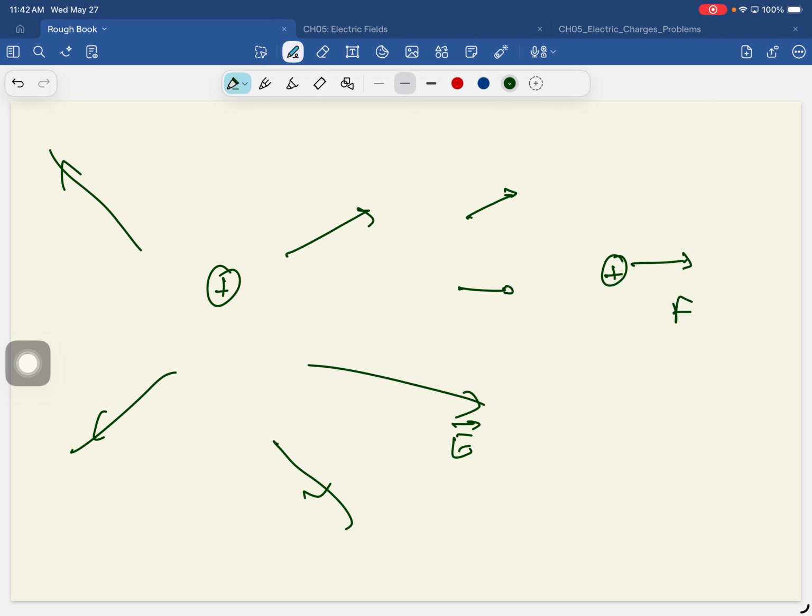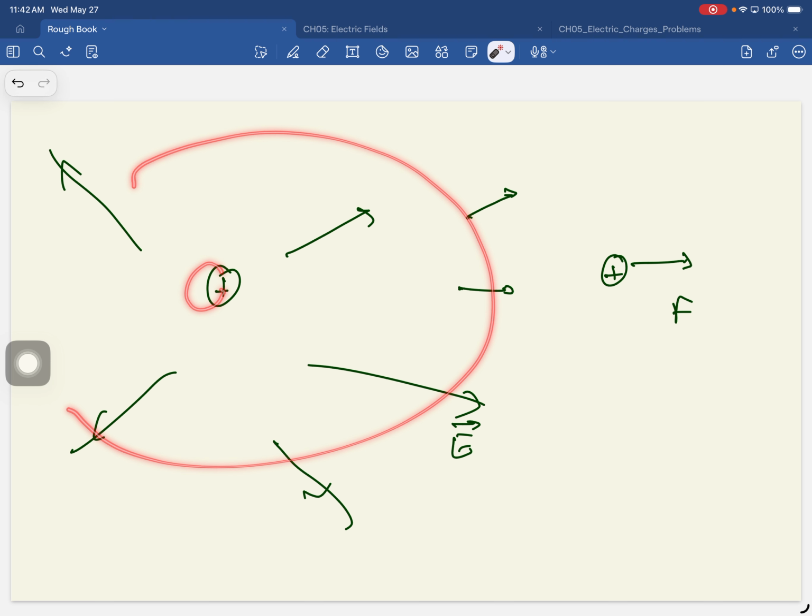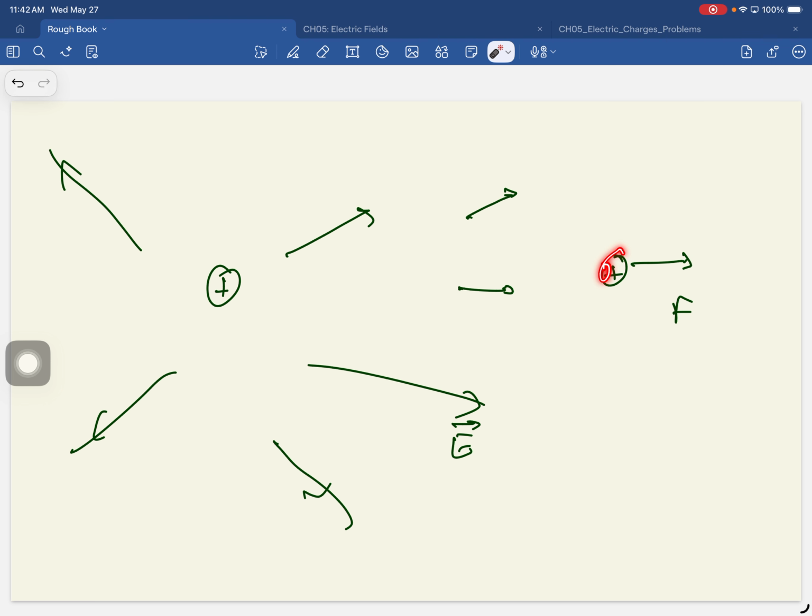So the question is, how does this guy push him? Here's the story. All this guy does is he creates electric fields all around him. And this guy is just feeling the electric field right where he is. He doesn't know who created this electric field, and he doesn't care.